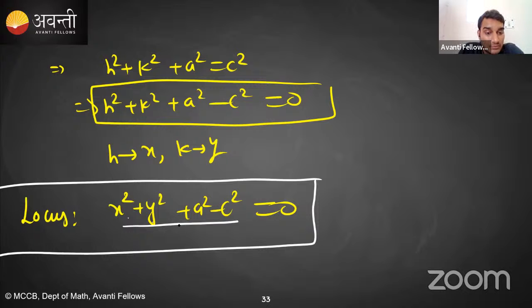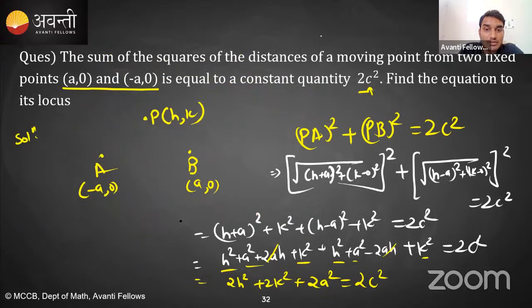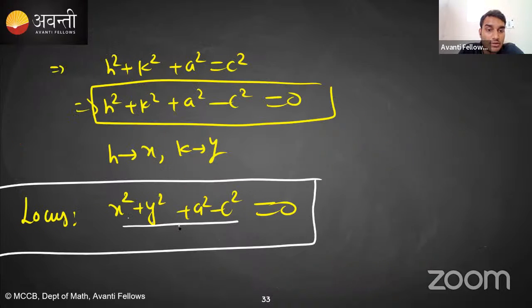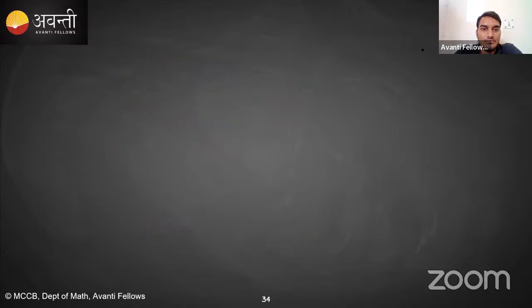And if you find the square of the distance from these 2 points to the point on this curve, it will always be c², no doubt about it. Okay, clear? Chalo, if it is clear, then let's proceed.